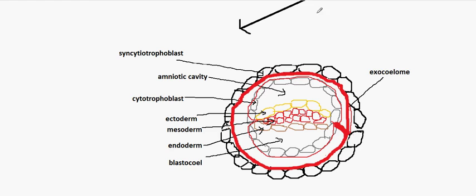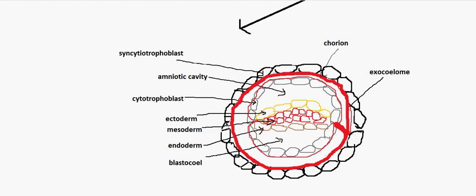Let me label now. This is the chorion. You have heard chorion, amnion, these layers around the embryo. So this is the chorion layer. Let us write chorion only.